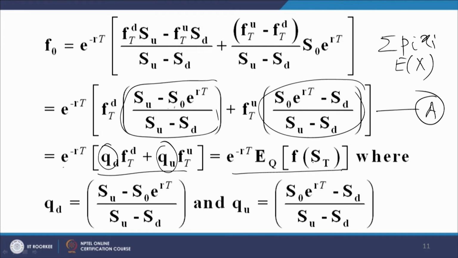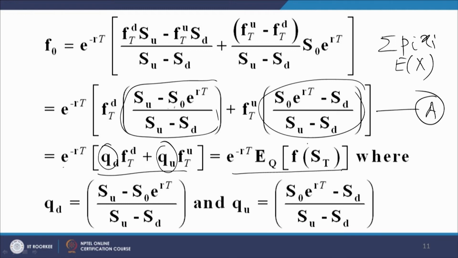What is f of s t? F of s t is the payoff from the derivative at maturity, and E is the expectation or the expected value of the payoff of the derivative at maturity corresponding to different states that s t could take. You see, s t is a random variable, it could take a number of values.